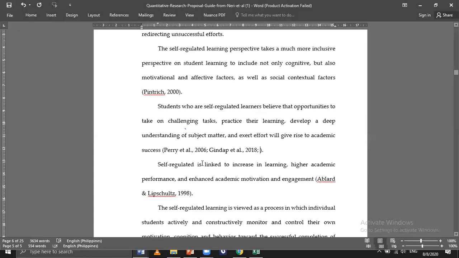Then a semicolon. Then another author, comma, year. Okay, and another author, comma, year. That's it.